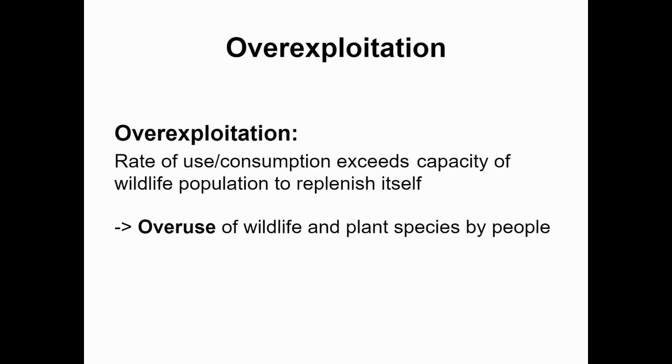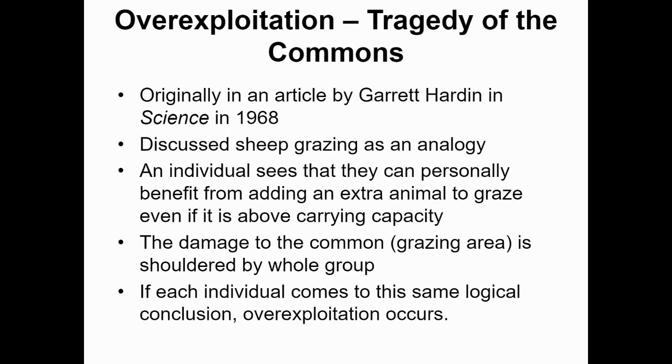Overexploitation is when we use more than populations can replenish. So if a population can replenish 5 a year and we're using 5 a year, that would be considered just use exploitation. If we exceed that 5 per year, then we are overexploiting the resource and potentially reducing its ability to be successful in future years.